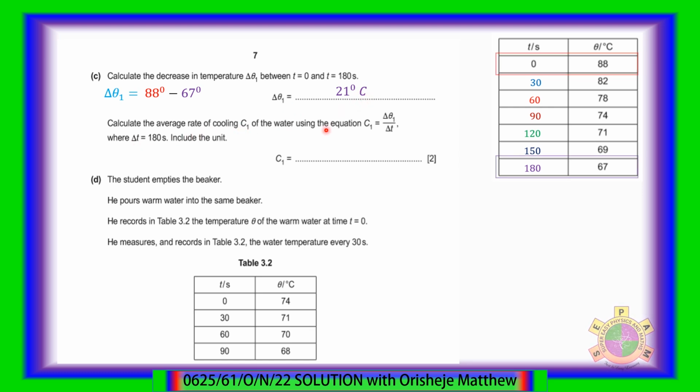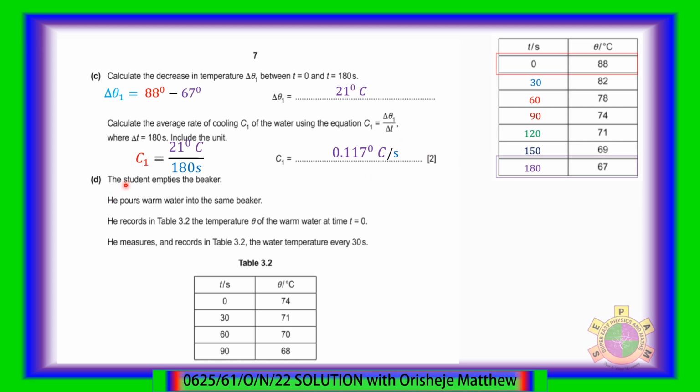So delta theta, the drop in temperature, divided by the time taken for the temperature to drop. You use the 180 seconds. So you have 21 divided by 180. That gives me 0.117 degrees Celsius per second. So every second, this is the cooling rate.